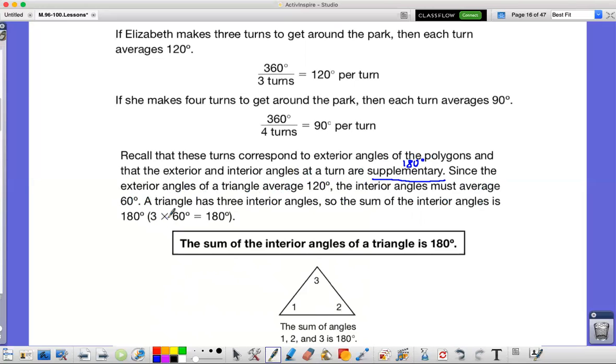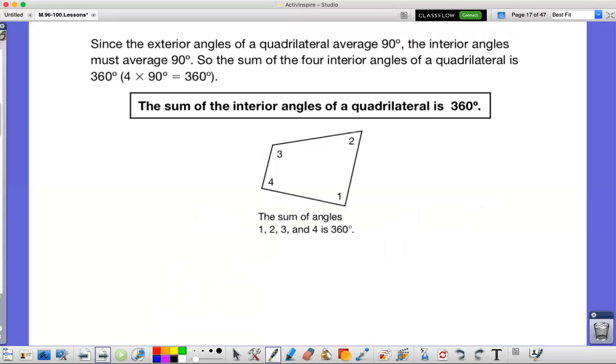So if you have 3 times 60, that equals 180 degrees. So in this case, this would be an equilateral triangle. Each of those angles would be worth 60 degrees: 60 here, this one would be 60, and this one would also be 60. The sum of the interior angles is 180 degrees.